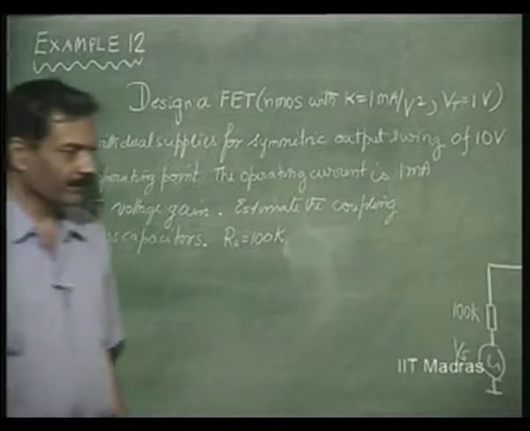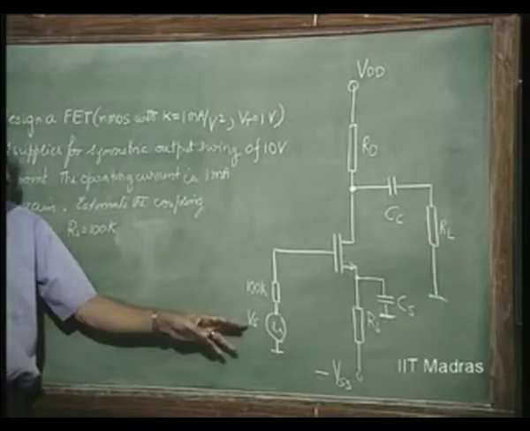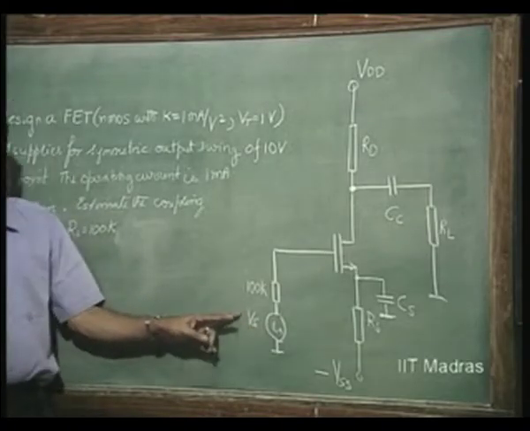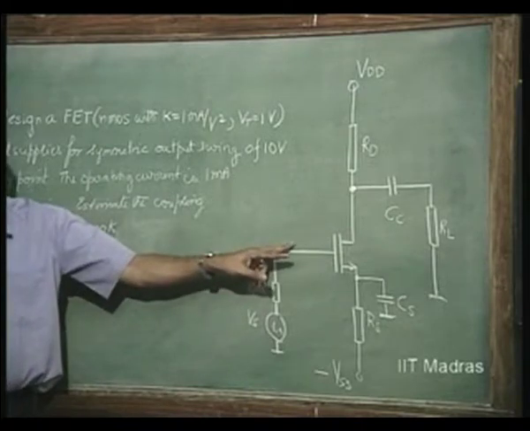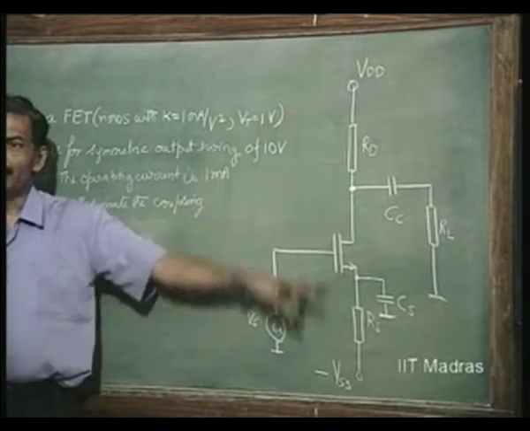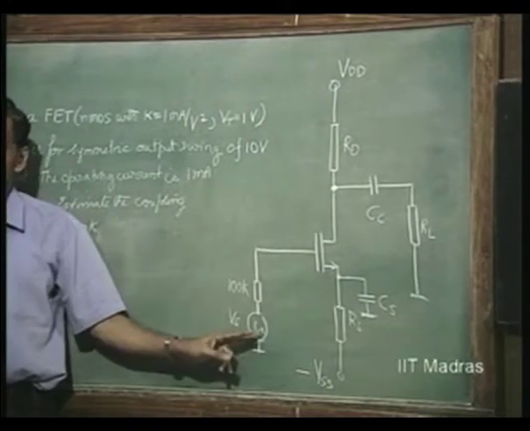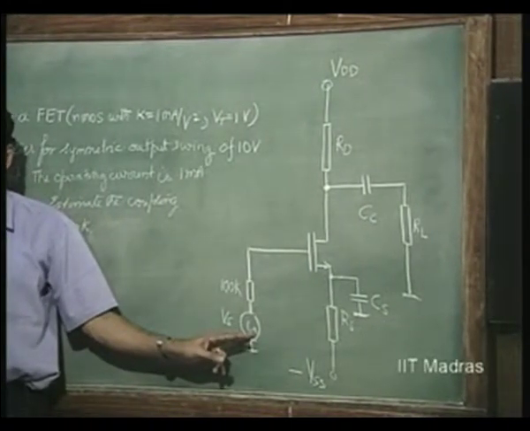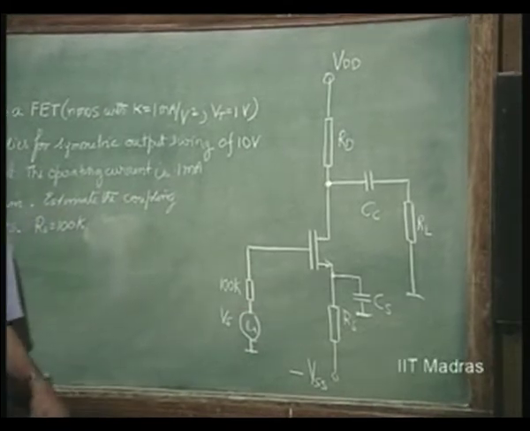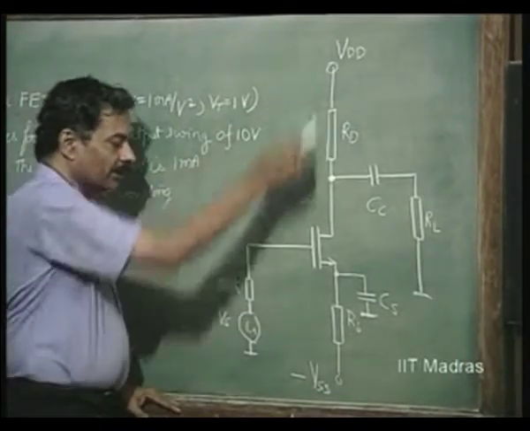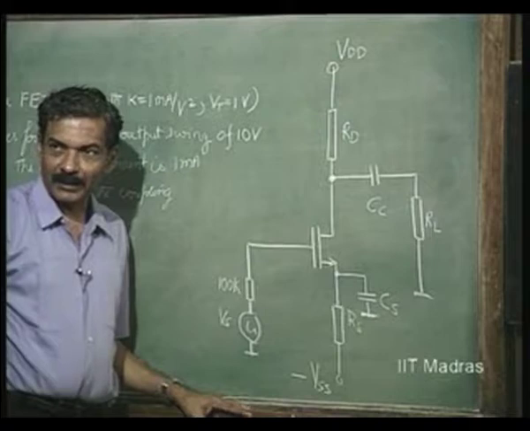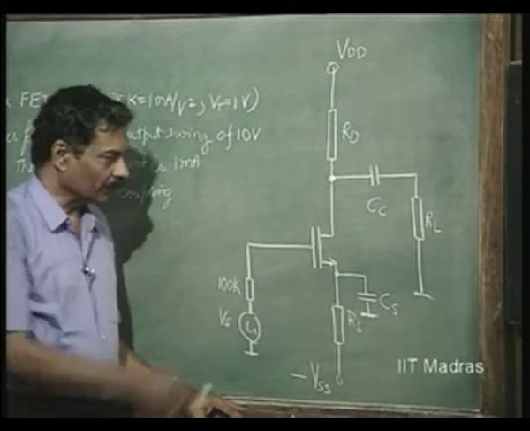Now, the amplifier configuration is already known to us. Here the source is directly coupled, because we are using dual supply. So, you can directly couple the source. And there is no DC current that is likely to go through the source, no problem. So, this is the advantage of using dual supplies, direct coupling of the source possible at the input.